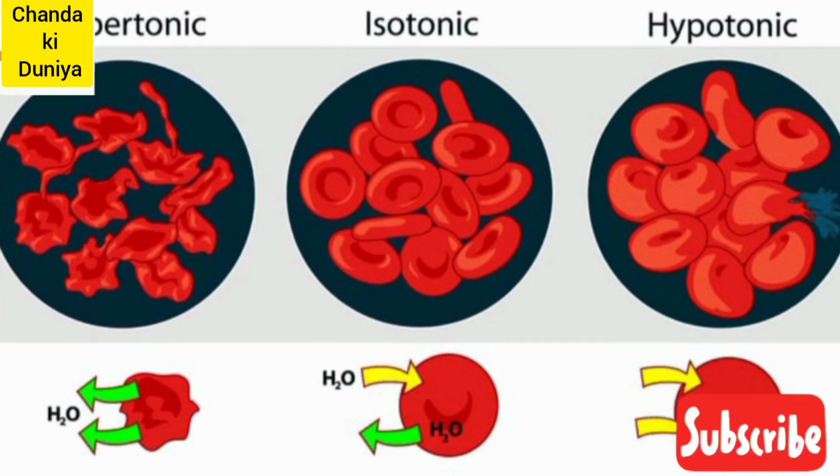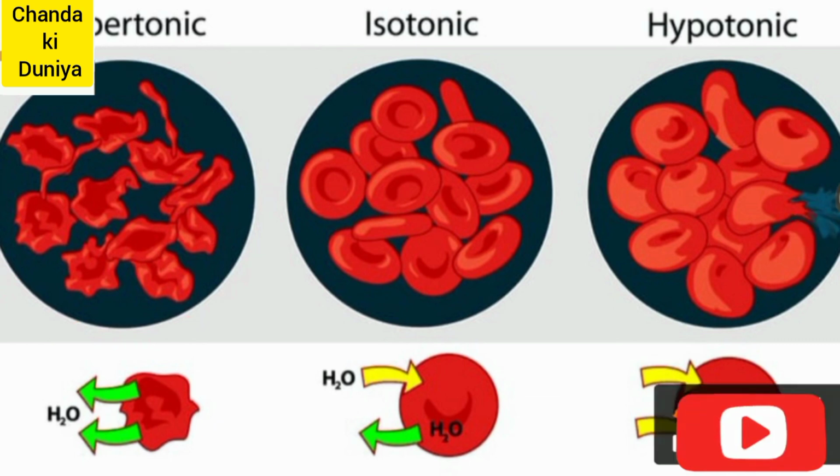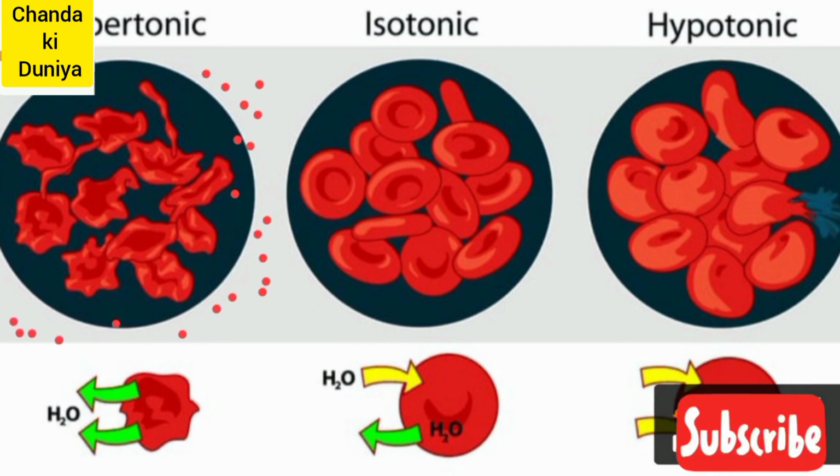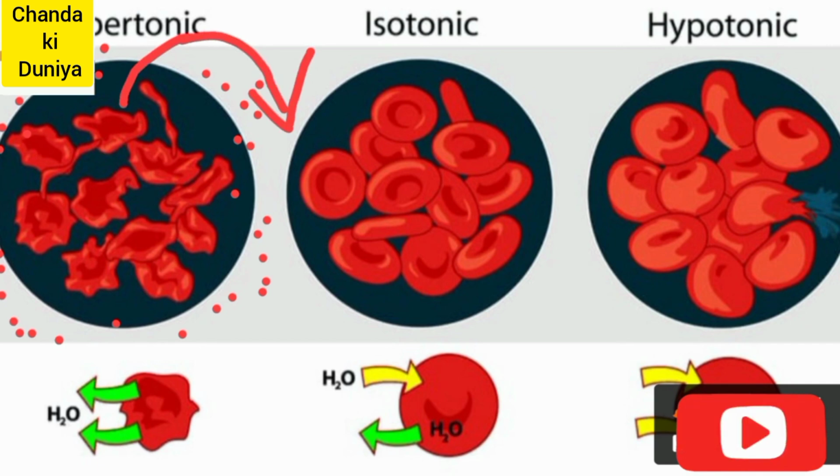Hypertonic means the amount of solutes outside the cell is higher compared to the inner side, but the water molecules at the inner side of the cell are higher in amount. Water will always move from the higher concentration towards the lower concentration, and in this way the cell will shrink and crenation will form, and it happens in red blood cells.